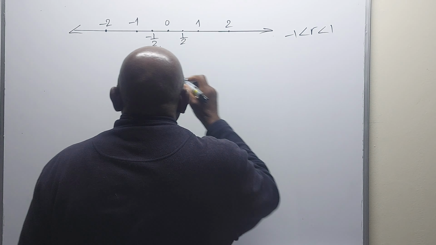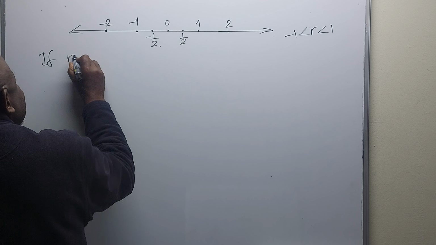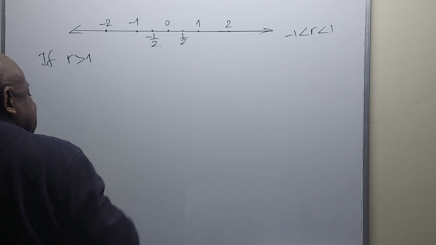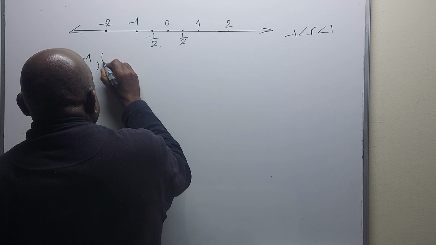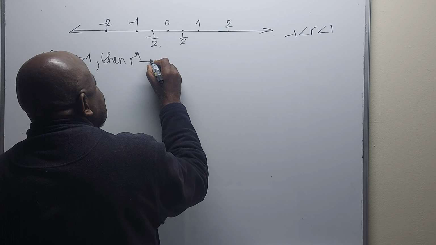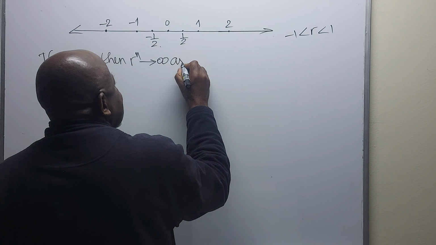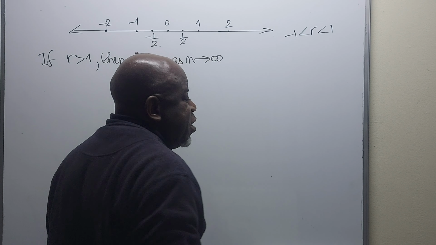If our common ratio is greater than 1, then r to the power of n tends to infinity as n tends to infinity.